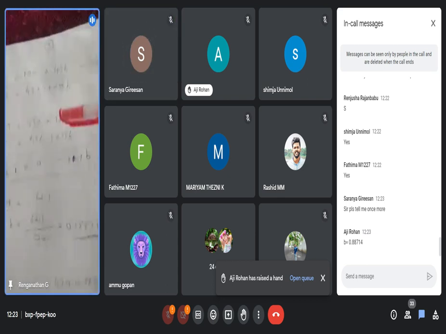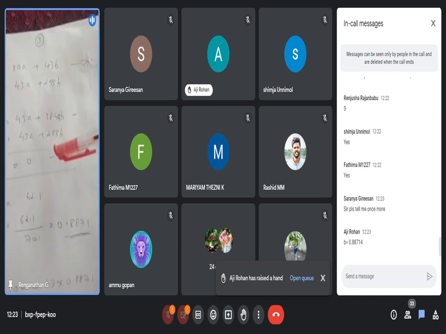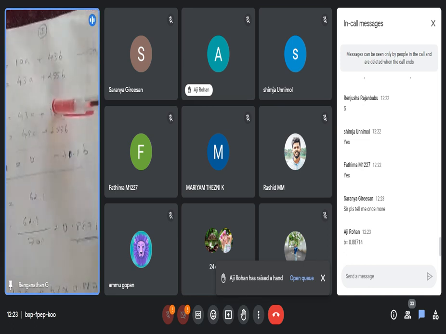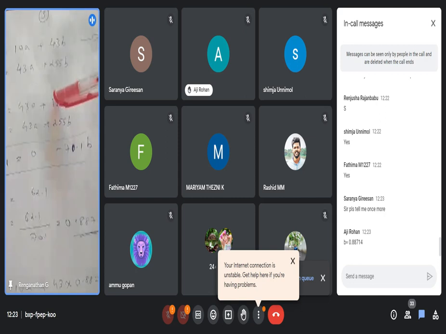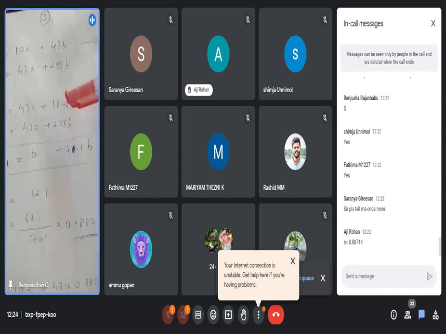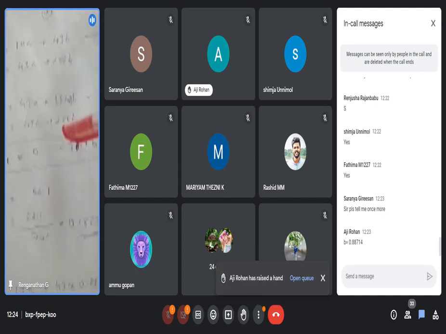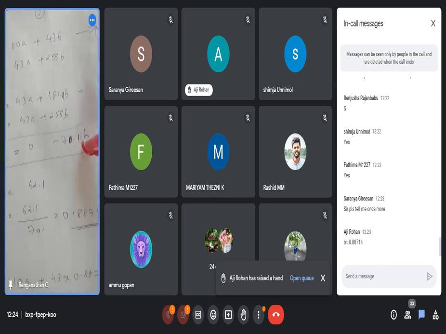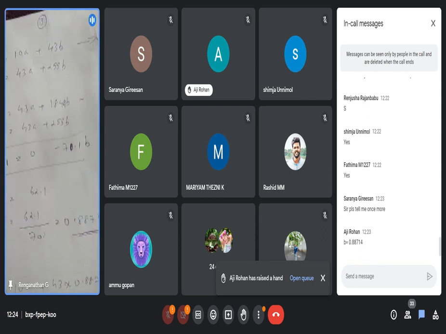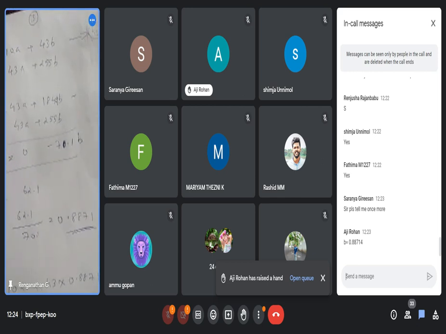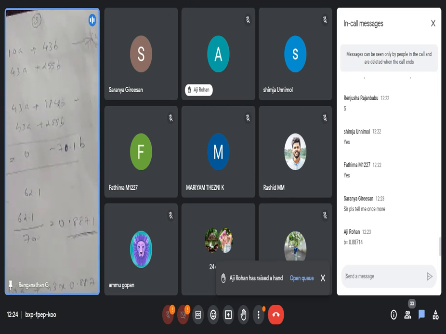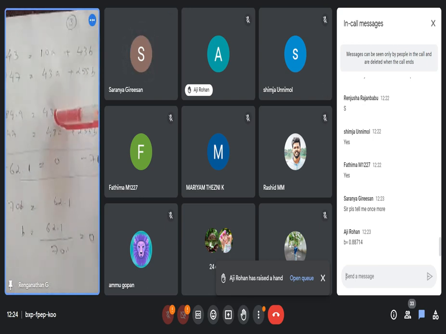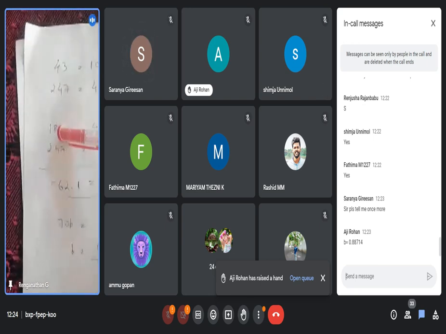Then the next step is we are subtracting the second equation from the first one. 184.9B minus 255B, we are deducting that. Thus we got minus 70.1B. Similarly 43A minus 43A is 0.